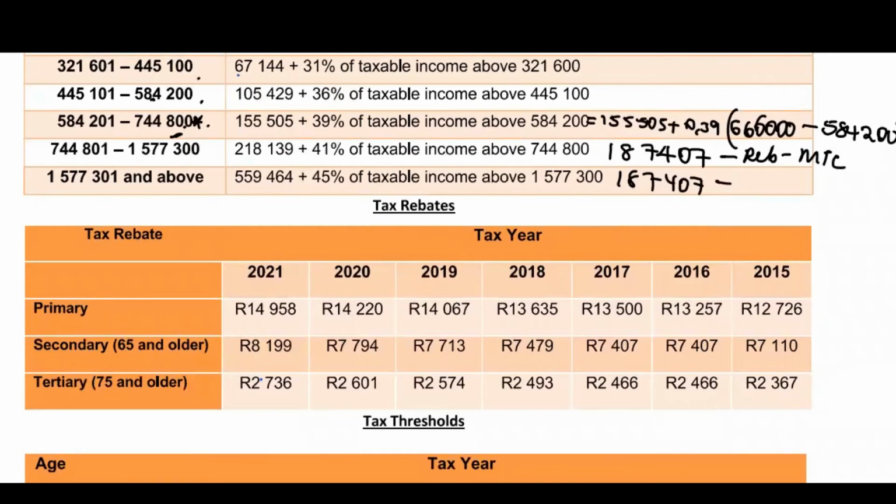Let's use 2021. So the person qualifies for 14,958, minus the tax credits that we've just seen. Subtract everything.